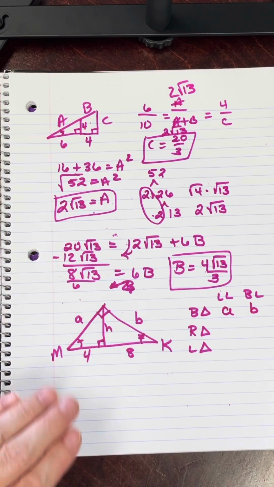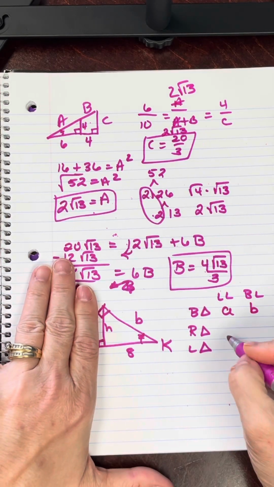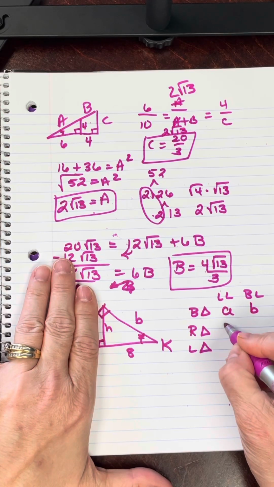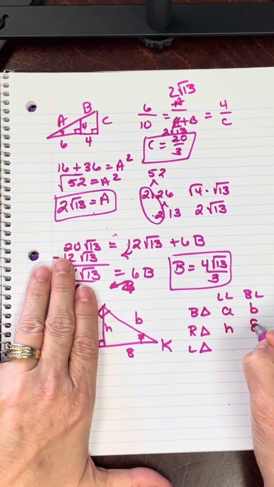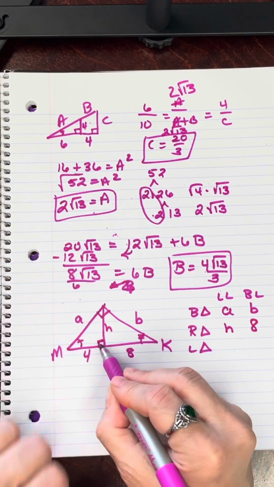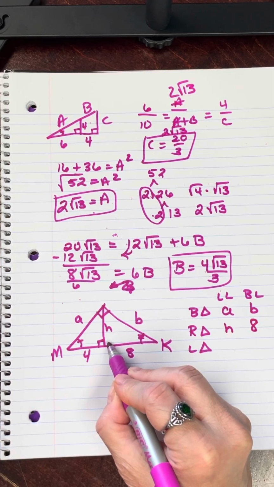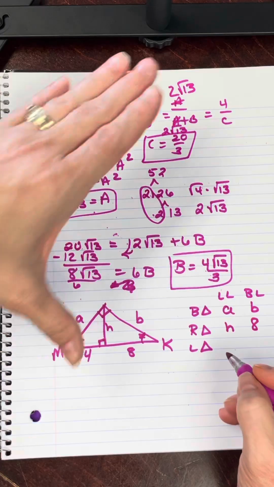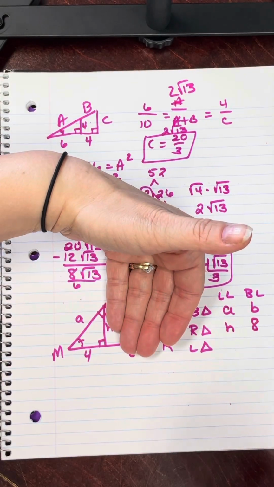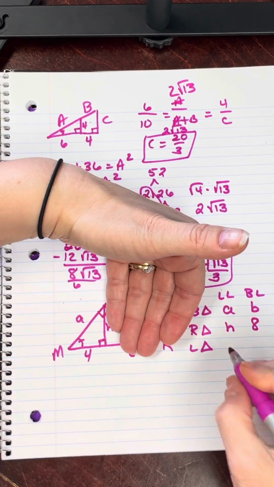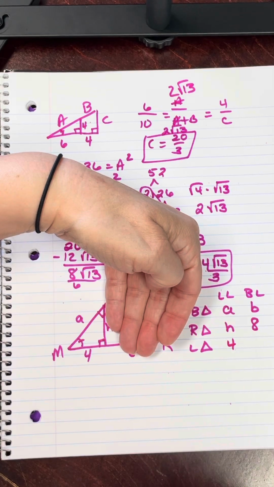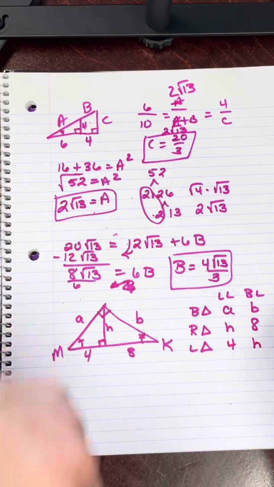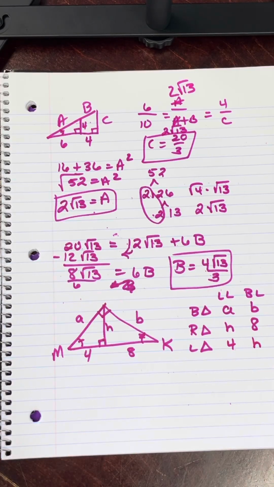Now the triangle on the right-hand side: its little leg is the H, its big leg is the 8, and if this is 90 here, this implies a 90 matching this side, so the hypotenuse will be B. Then the one on the left, the little leg is the 4, the bigger leg is the H, and the hypotenuse is the A, opposite that 90 degrees.